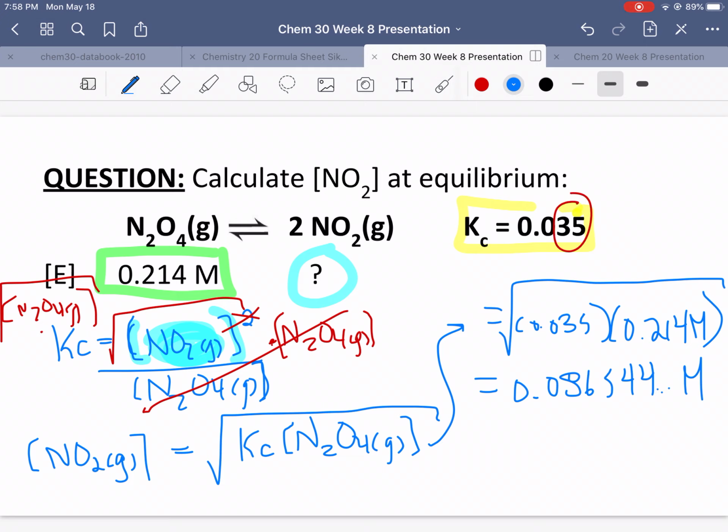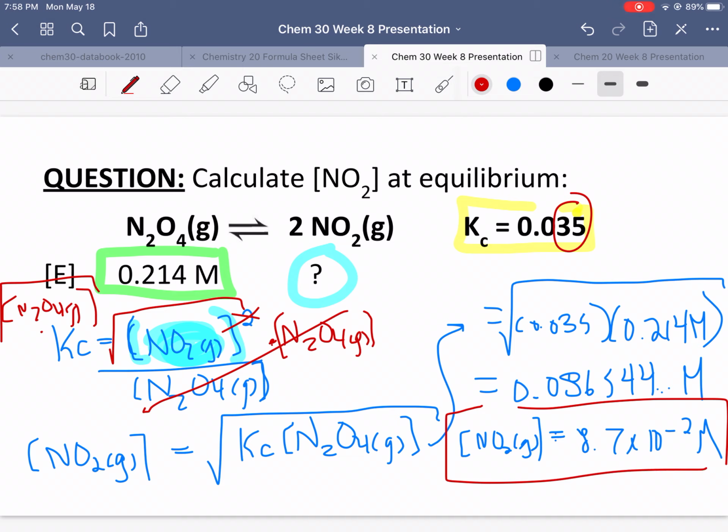So our end answer, the concentration of NO2 gas is going to be 8.7 times 10 to the negative 2 moles per liter. Done and done. In the scheme of things, guys, this is totally doable. It is honestly fairly simple algebra. It's just a matter of correctly creating those equilibrium laws.